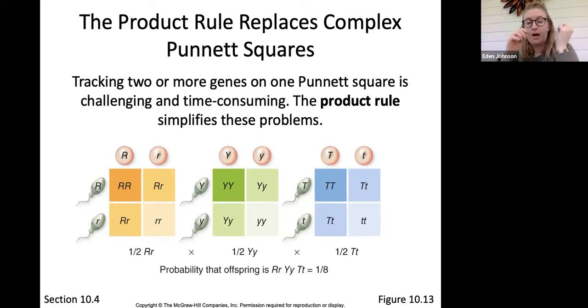Instead, the product rule simplifies these problems. It is a super easy tool for you to use in order to determine the probability that offspring will have a particular genotype. So I'm going to show you how the product rule works. And the only thing that you need to be able to do with the product rule is multiply fractions.